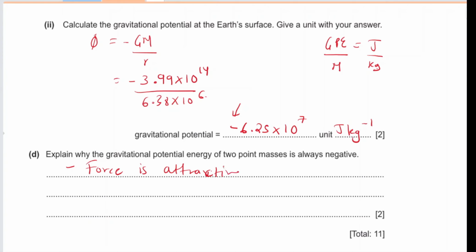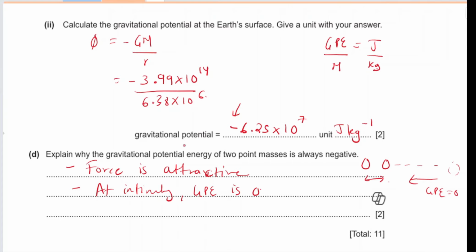So by default, the force is attractive, and also we assume that at infinity GPE is 0. So when you have 2 point masses like this, separated by a certain distance, when they are separated until infinity, this is when the GPE will be equal to 0. All this behind over here is like a number line. This whole is negative. Okay, and that's the end of question number 3.